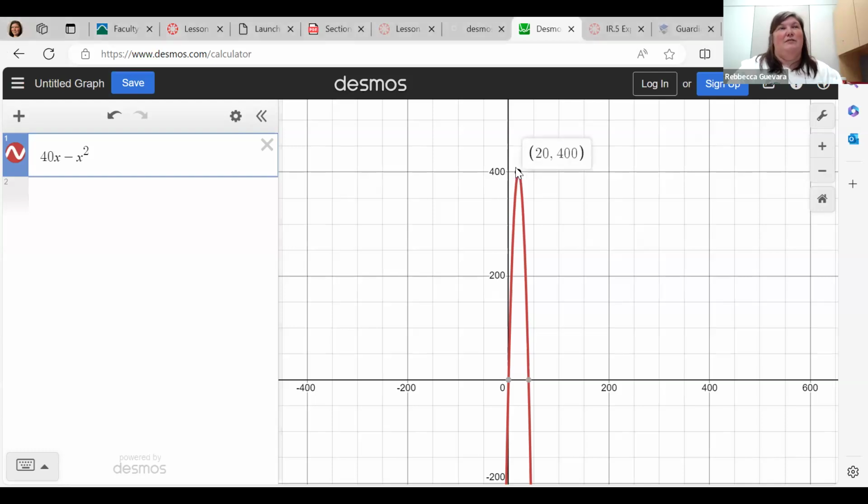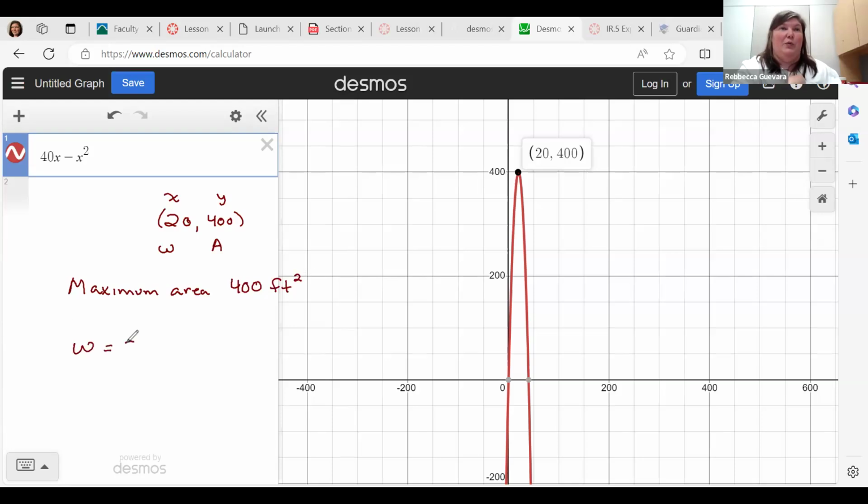Of (20, 400). So remember, this has to be my X and this is my Y. So we said X was that W, our width, and what we were looking for was area. So my maximum area would be 400, I think we were in feet, 400 feet squared. And that would happen if W was 20 feet.